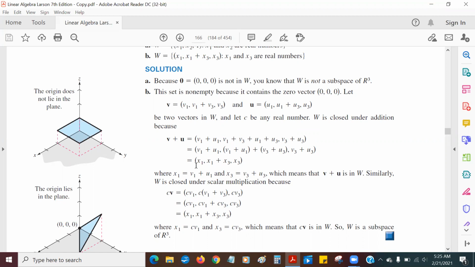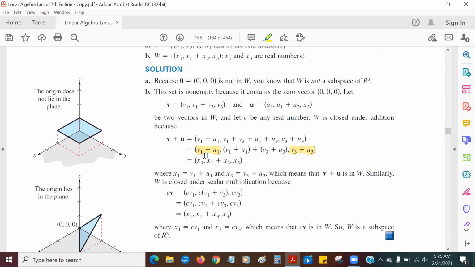Let me highlight that. x1 is u1 plus v1, and it makes it a little easier to see visually. X3 is v3 plus u3.